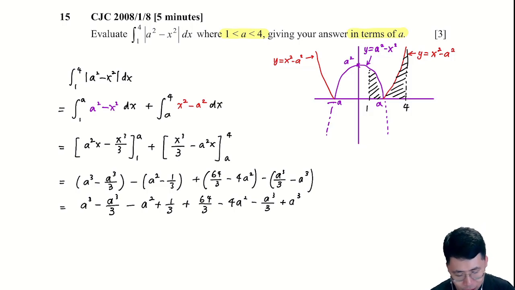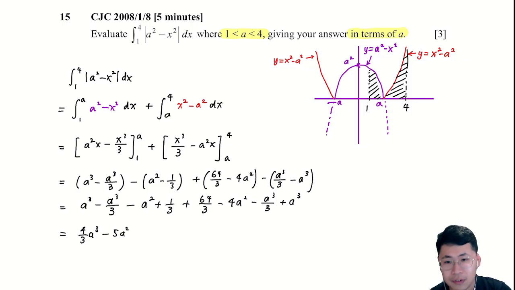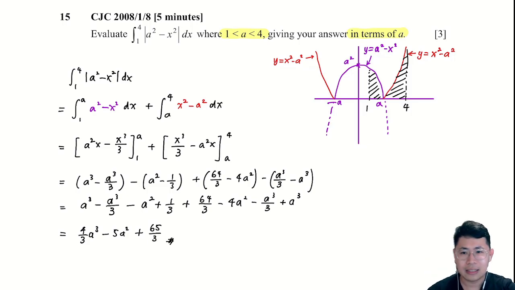So let's add all the a cubes together. So a cubes all together, we have 4 over 3 a cubed. Now a squares, I have negative 5 of them, so negative 5a squared. Then all the other constant terms will be plus 65 over 3. So this is how we will get the final answer. You just expand and slowly calculate.